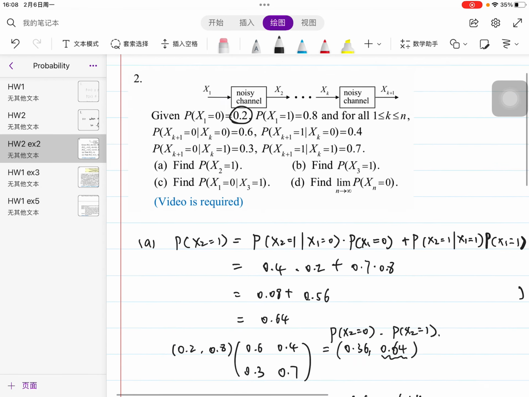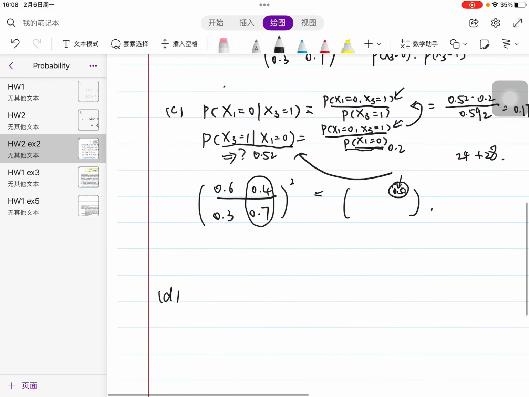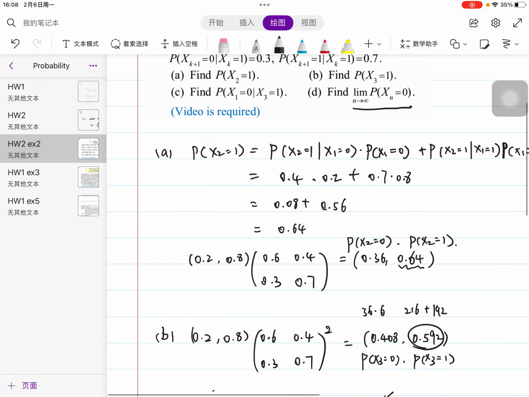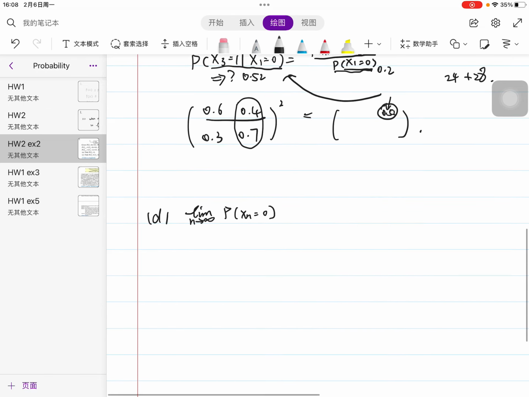And for the last question, we need to find Xn equals 0.